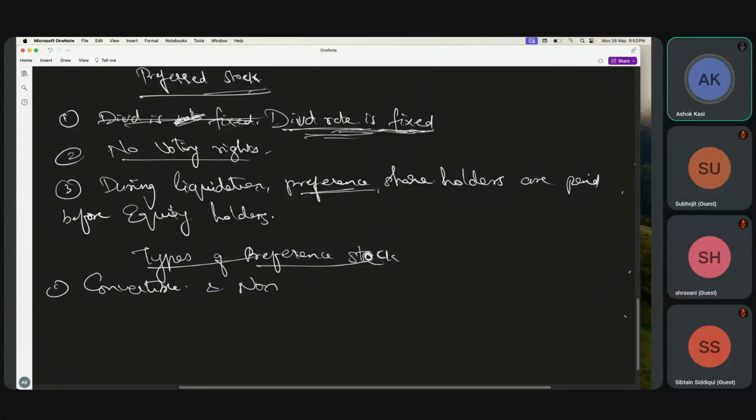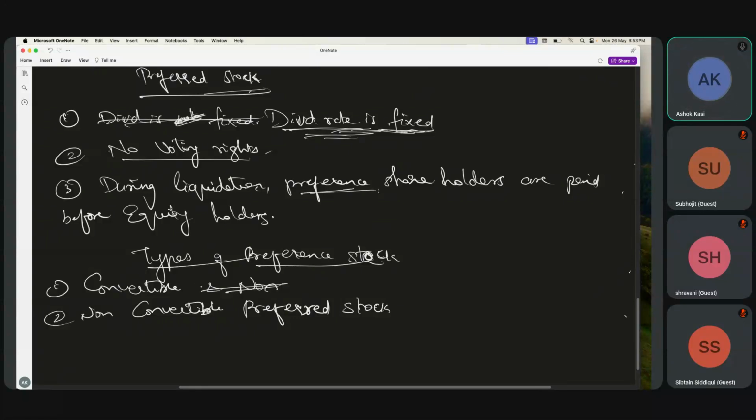Convertible preferred stock. You can call number two non-convertible preferred stock. What does this mean now? Convertible and non-convertible preferred stock.